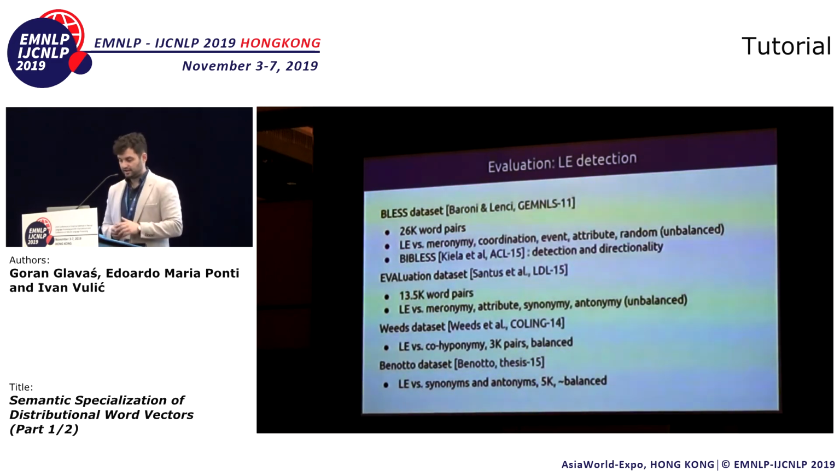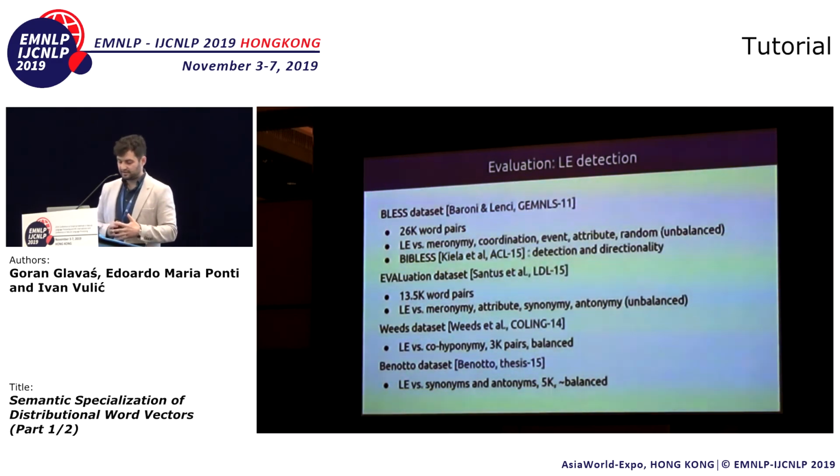Okay, so here are some evaluation data sets for lexical entailment detection, and they're typically reasonably small. So they were mostly used in the older type of models where you had unsupervised lexical entailment detection scoring functions, based on the distributional inclusion hypothesis and so on.